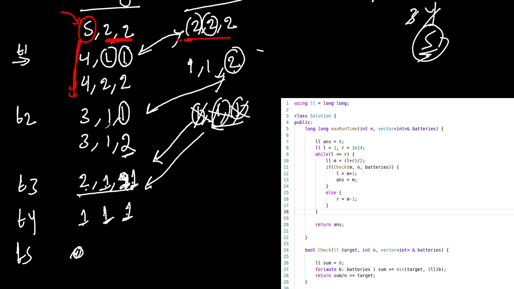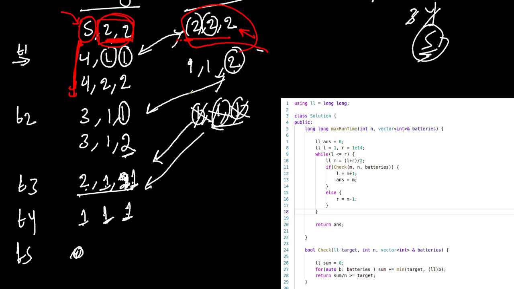So it's kind of balancing the max values with the min value, and this tells us that every minute in these batteries will be used.